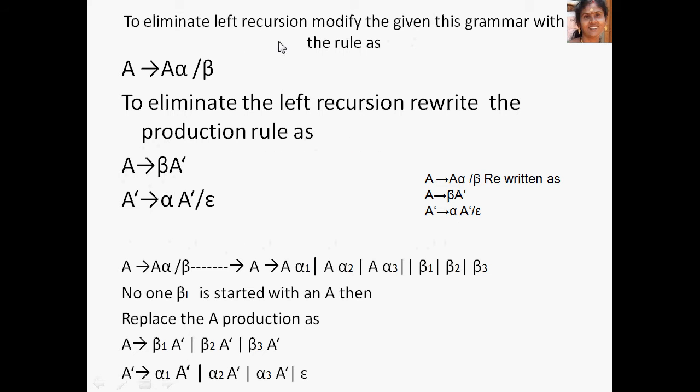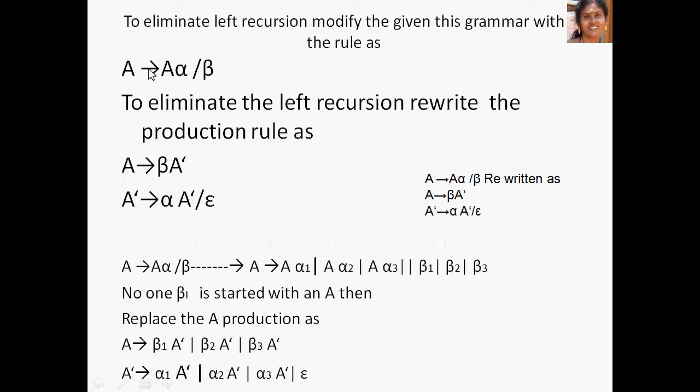To solve this recursive problem, we have to modify the given grammar with the rule: A production is expanded with capital A and one terminal node alpha, or beta. This is also one terminal node.